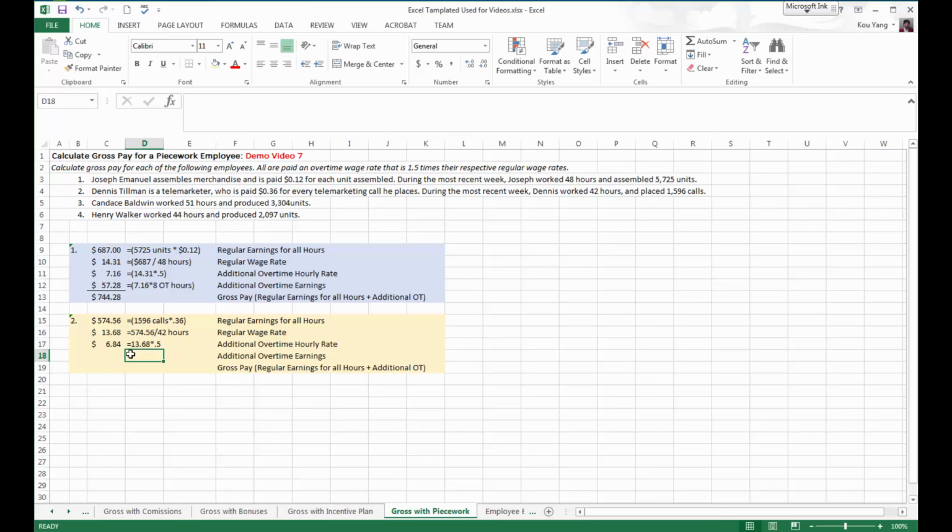The additional overtime earnings is derived by taking that $6.84 times the 2 hours of overtime. If we follow that all the way down, we take his regular earnings plus his OT earnings, for $588.24 for gross pay.